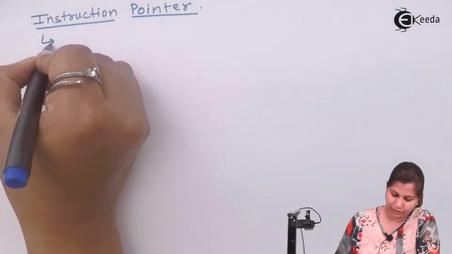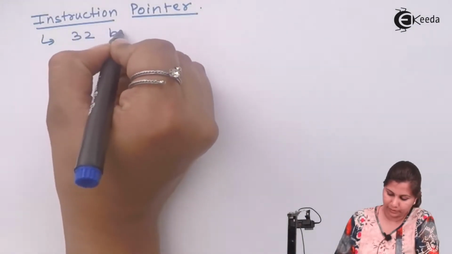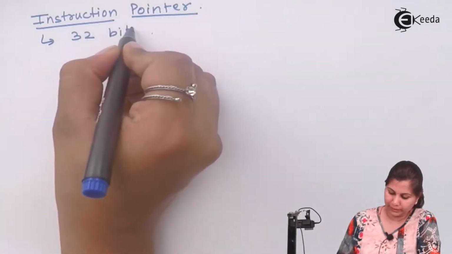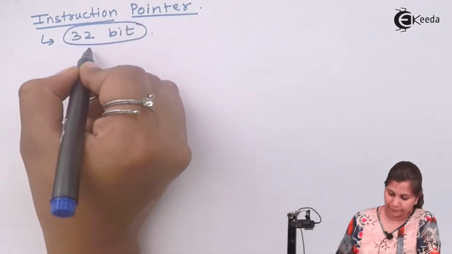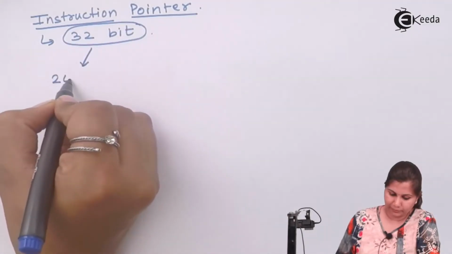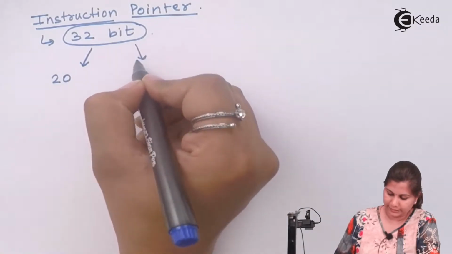This instruction pointer is of 32 bits. Out of these 32 bits, it is divided into 20 bits and 11 bits.